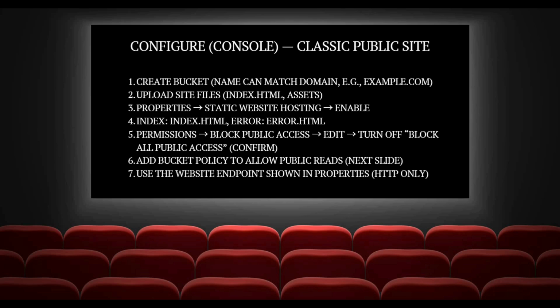Now let's walk through the steps to host your static site. First, create a bucket. You can even name it after your domain, like example.com or something.com, and upload your site files inside the bucket. In the properties tab, enable static website hosting and set your index and error documents.